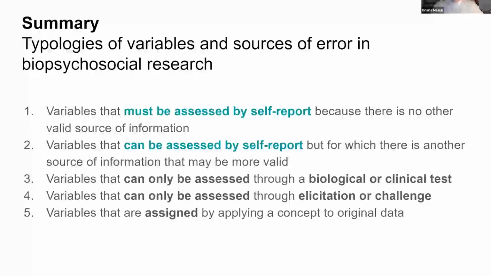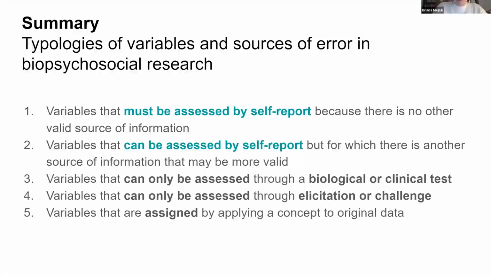So this is the summary of this part of the talk. And given where I am with time, I might pause here and ask for questions and then do the rest of this on Thursday. So again, just to summarize, I'm going to propose that in any data set that you would use in biopsychosocial research, there's the potential for 5 types of variables.